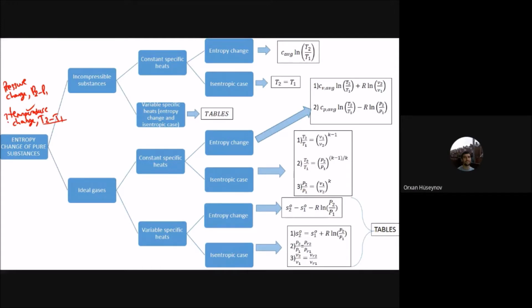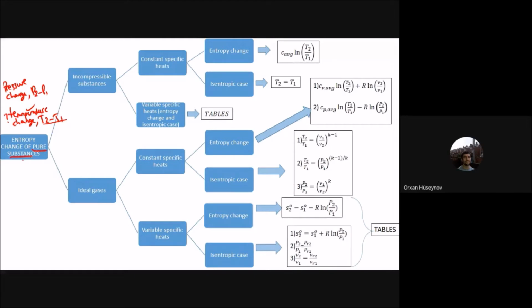If it is an ideal gas, you can use the ideal gas relations. If you have flow inside a pipeline system, you have the formula for the pressure change in that system. Similarly, here we have the entropy change of the pure substances.